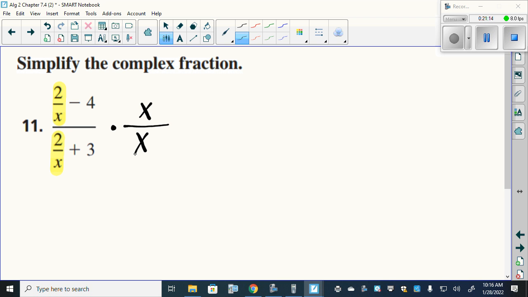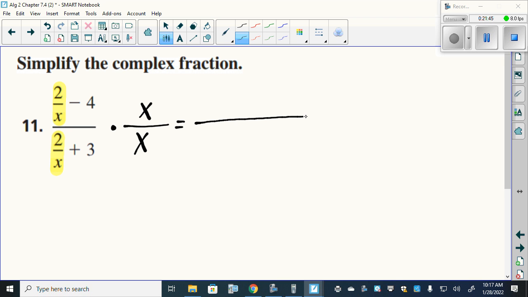Yes? Now we have the 3 and 4 also, don't we? Do those have a denominator? So 1, but I don't have to worry about them because all I'm trying to do is simplify the fractions that are inside of the fraction. Since the 4 and 3 don't have a denominator other than 1, we don't have to worry about them because the only ones we're focused on are the 2 over x and 2 over x.